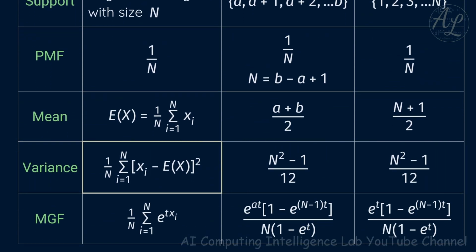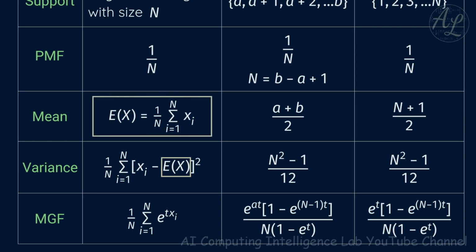in the general case, similar to the mean, we have to involve all of the values in the expression. The expectation of x here is actually the mean, so we can substitute the formula for the mean in this part of the formula of the variance. And there is some averaging that happens here.